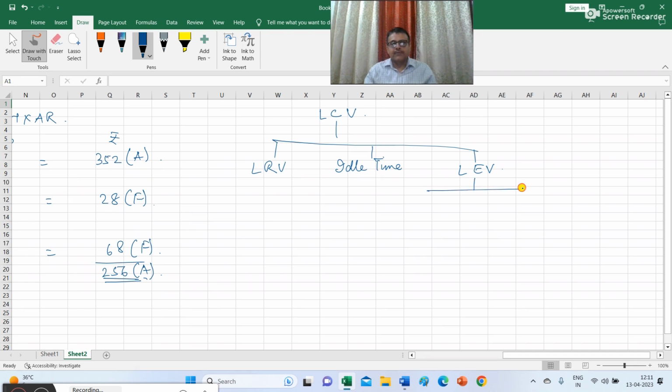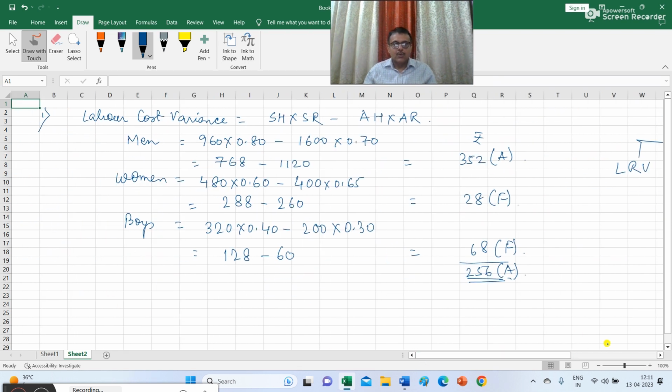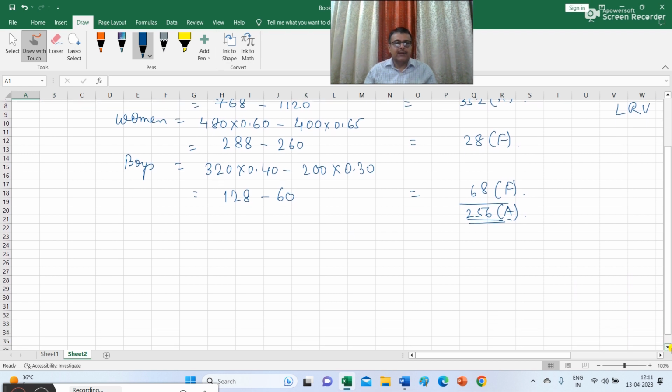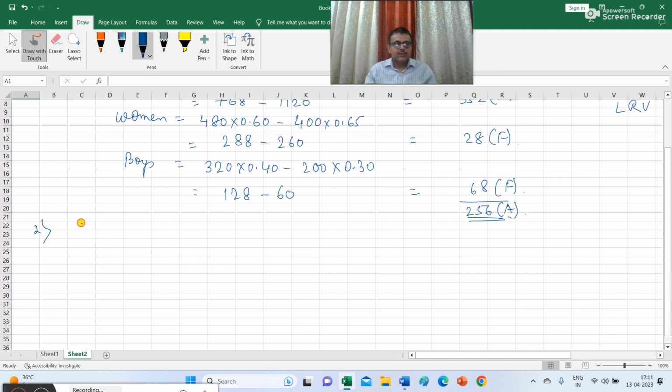And labor efficiency variance is subdivided as labor mix variance and labor yield variance or labor sub-efficiency variance. So labor cost variance, I have calculated 256 adverse. Now, what about the labor rate variance?